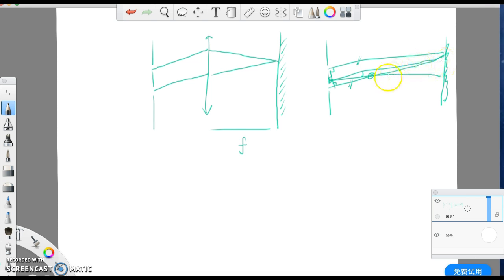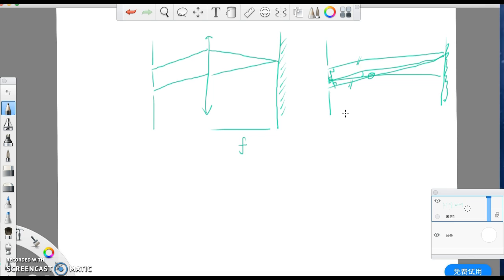They meet at the same point, but because the screen is so far away, these two lines are parallel, and because they are parallel, those two angles are both 90 degrees. So that's a kind of weird triangle.